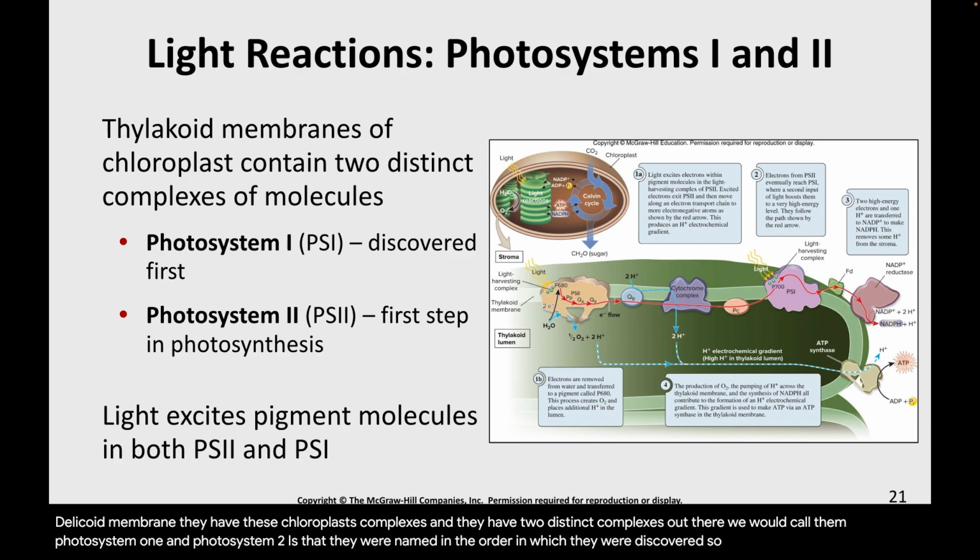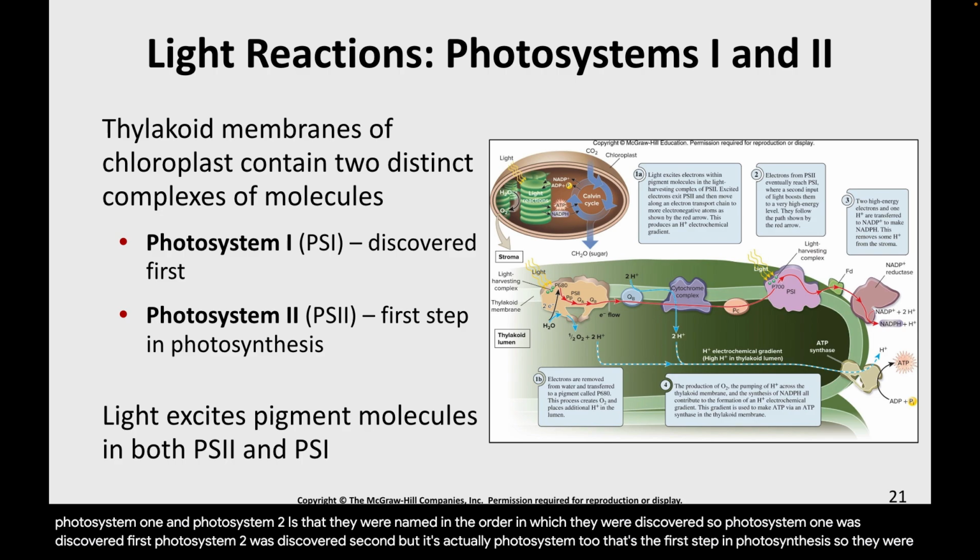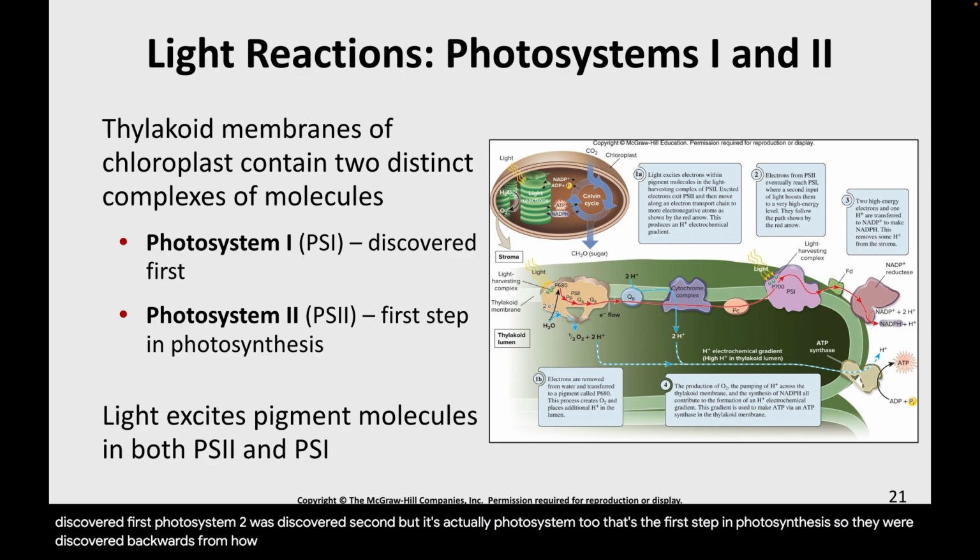So photosystem 1 was discovered first, photosystem 2 was discovered second, but it's actually photosystem 2 that's the first step in photosynthesis. So they were discovered backwards from how they're actually working in photosynthesis. So photosystem 2 happens first, then it moves on to photosystem 1.